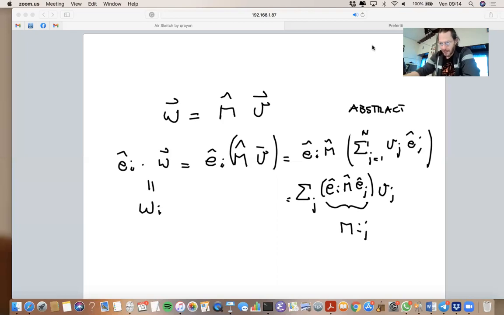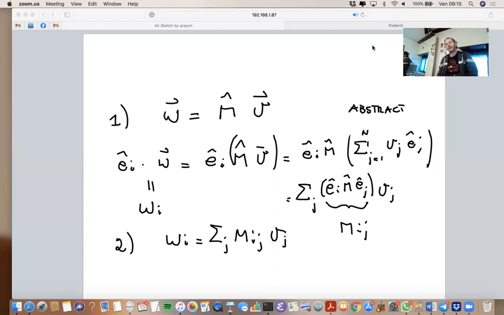So from the expression 1, which is an abstract expression, we arrived at an expression 2, which is now an expression for the components, which is the famous matrix vector multiplication. This is numerical rather than abstract.